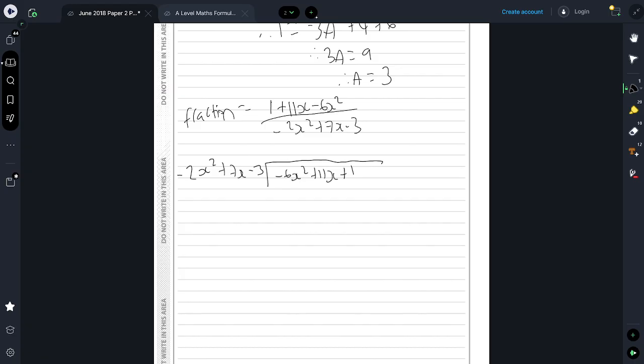That will be 3x squared. No, sorry. It's 3, but hang on. So you put a number here. Anyway, you want to times this by 3.